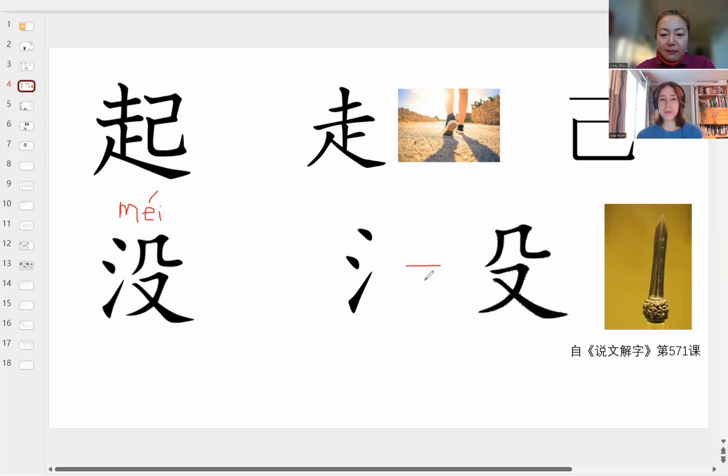Water. This part is in ancient Chinese a kind of weapon, like an arrow weapon. In modern Chinese, we seldom use this character. For the moment you don't need to remember.